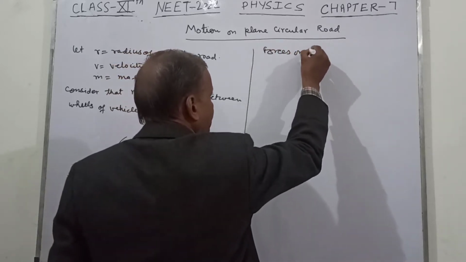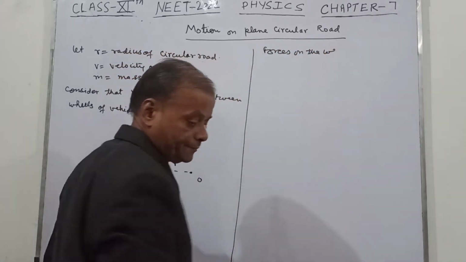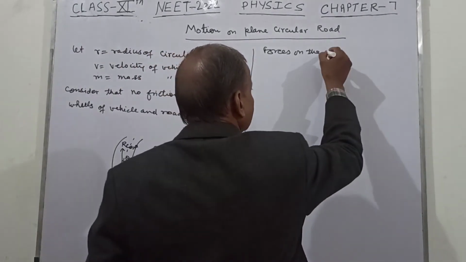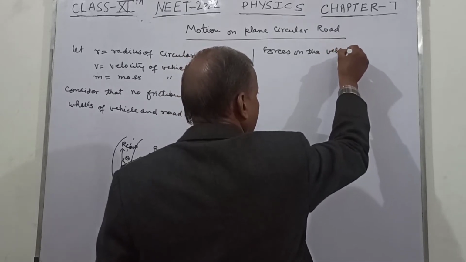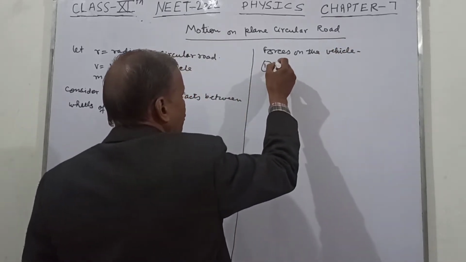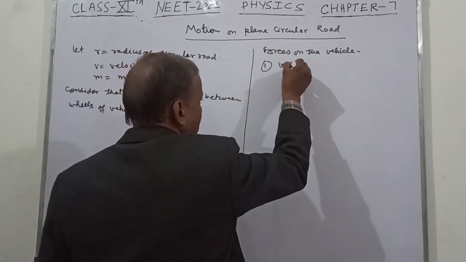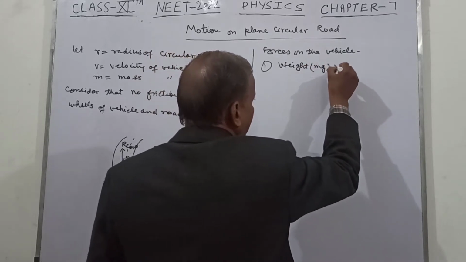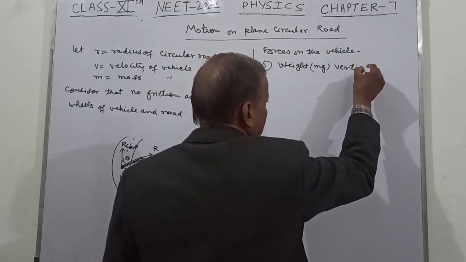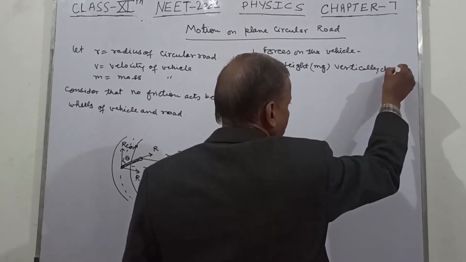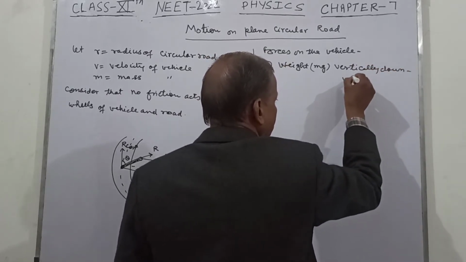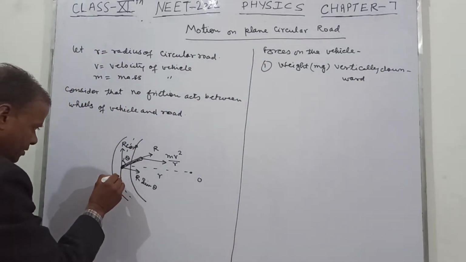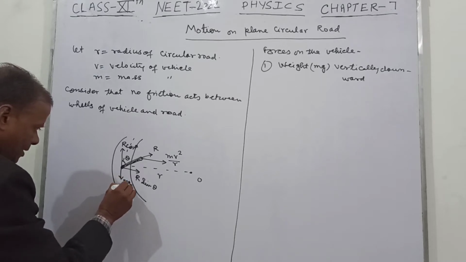Forces on the vehicle. Number one, weight, vertically downward. This is the weight mg.